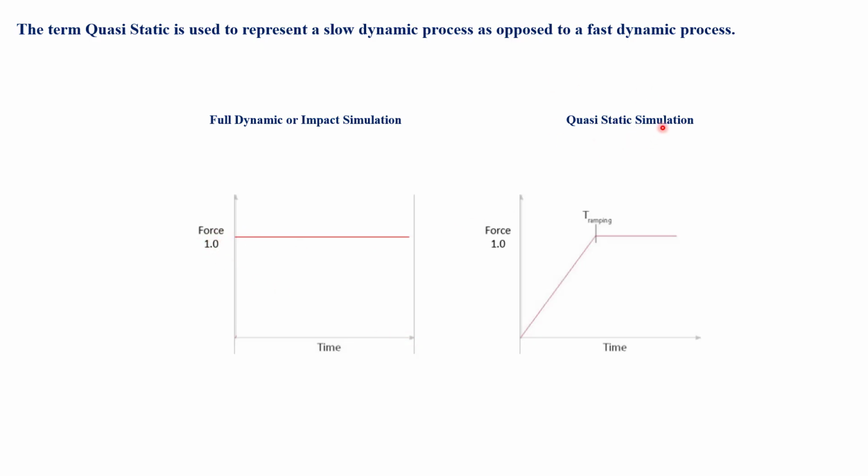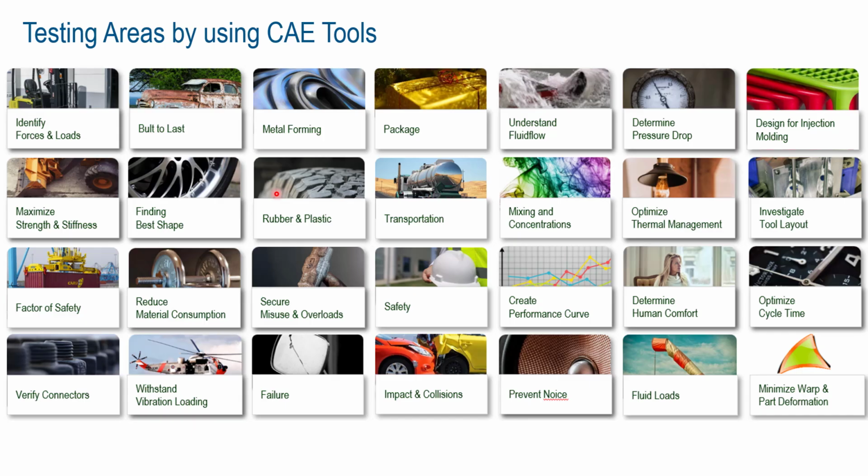But in the quasi-static case, the load slowly increases with respect to time, and at a certain time it becomes constant. This is how the quasi-static implicit analysis works. In the dynamic case, there is one short load, and in a fraction of a second you get the deformed model. This is a very expensive analysis, you need to remember that. Now we have the different areas where we utilize CAE tools to deal with the FE analysis.